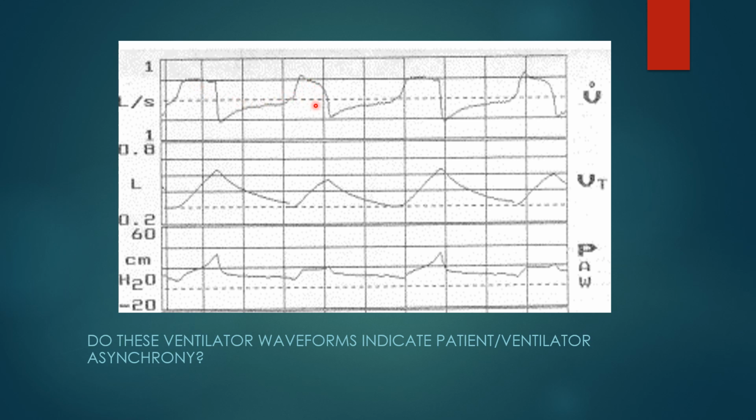This breath is a pressure-supported breath, so the flow decelerates during inspiration. So you have a mandatory breath, a spontaneous breath, a mandatory breath, and a spontaneous breath. Looking at the tidal volume, you see also on the spontaneous breaths, the tidal volume is a little less than it is on the mandatory breaths.